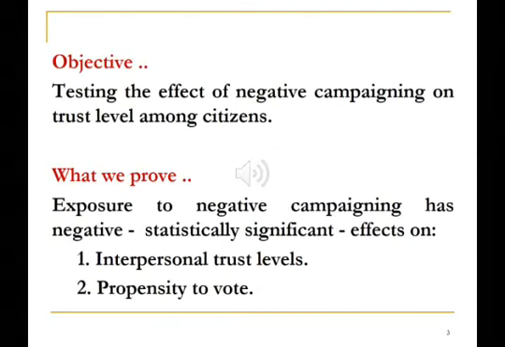And what we prove is that there is such a significant effect, because subjects in the experiment whom we have exposed to an environment of negative campaigning exhibited statistically significant lower levels of interpersonal trust among each other, and also, because we manipulated an environment or a context of elections, they were less likely to vote, so they had a lower propensity to vote than those who were not exposed to a context of negative campaigning in a hypothetical election.